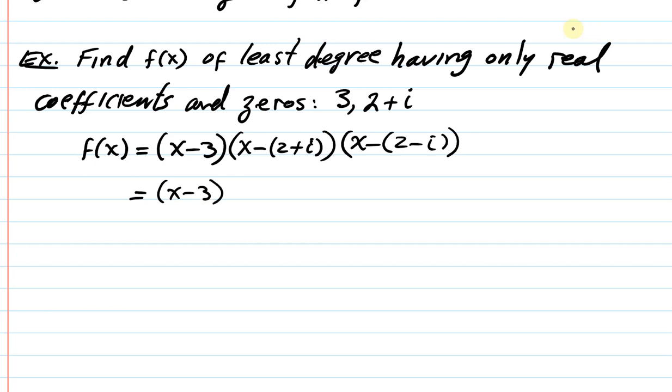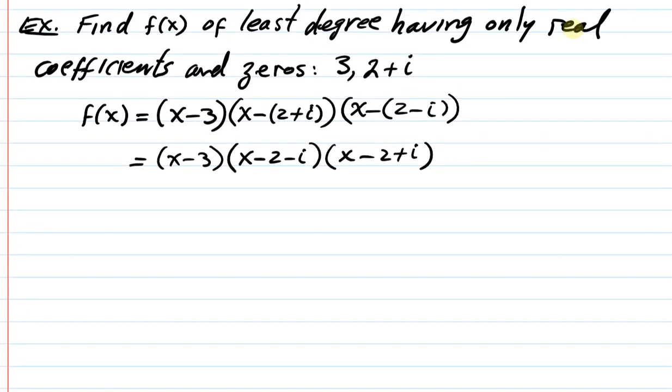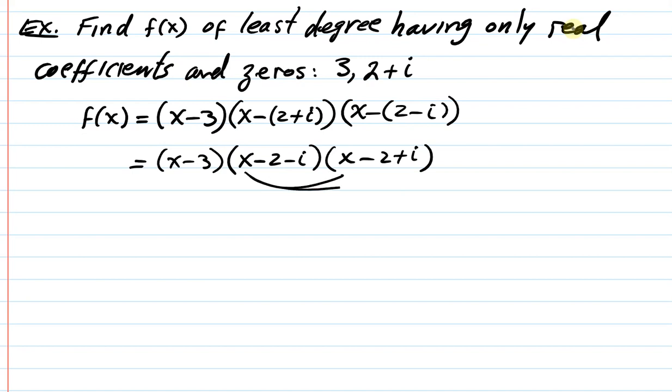Here's x minus 3, and then you can remove parentheses from inside the first group. That's going to be x minus 2 minus i. Removing the parentheses inside gives negative 2 plus i. And then you can multiply these.